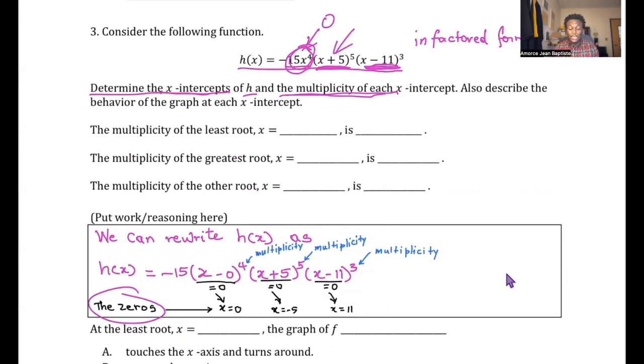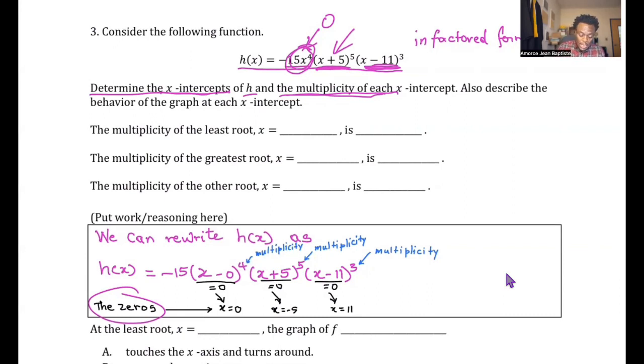So we need to look at the multiplicity. Well, the multiplicities are the exponents of the factors. We have a multiplicity 4 here, 5, and 3. And so that means we have an even multiplicity and two odd multiplicities.